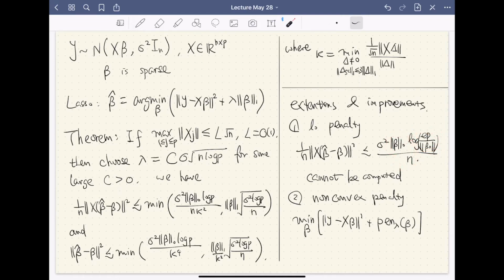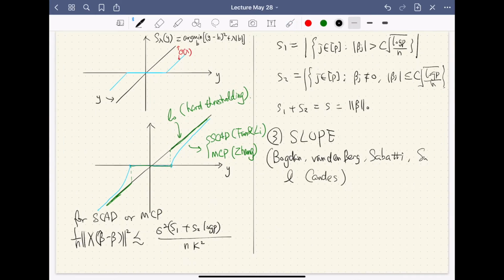However, for the Lasso estimator, it only has log p. It would be nice to achieve log(p/s). And actually, SLOPE is an estimator that achieves this slight improvement over Lasso.